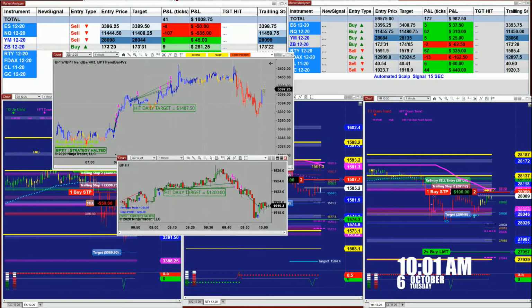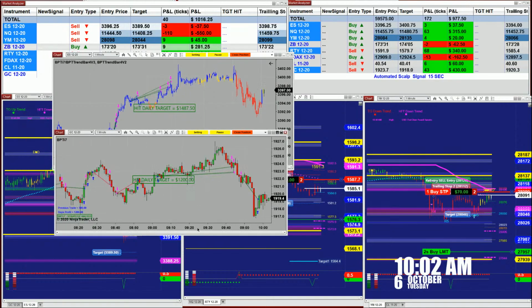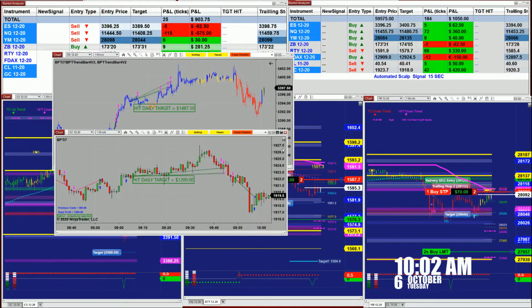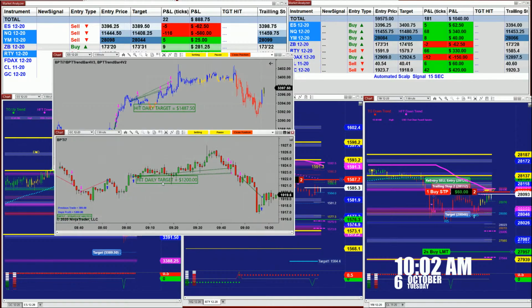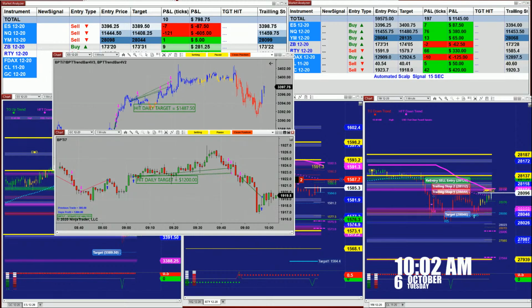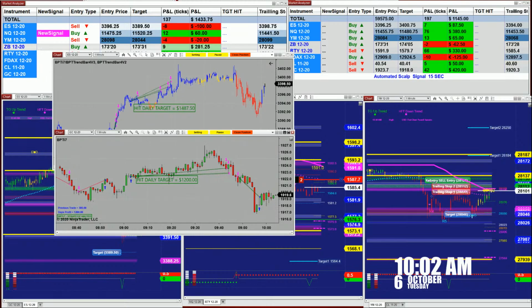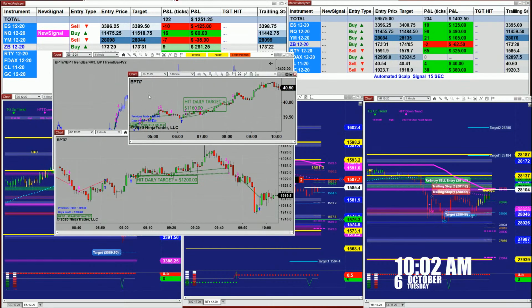I don't want to cover all the charts, but basically the TI7 is working on 1 minute, nailed 1,200. Let me see what else we have on the 1 minute. The CL is on the 5 minutes, a beautiful trade, nailed 1,600.